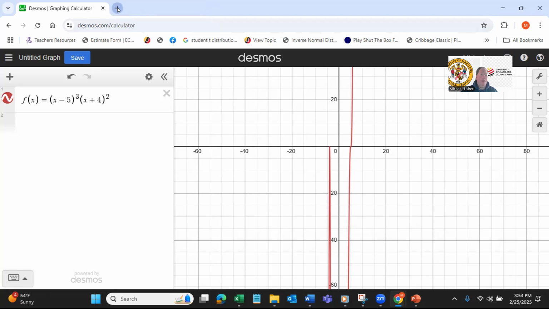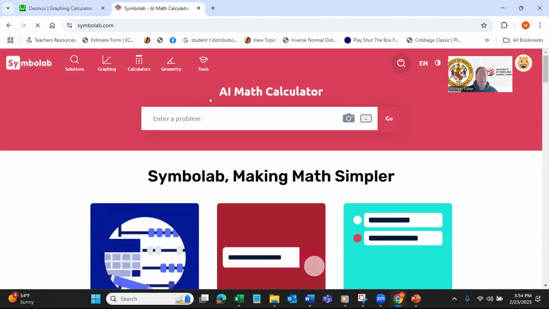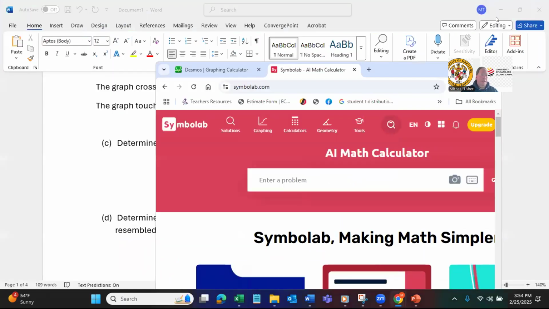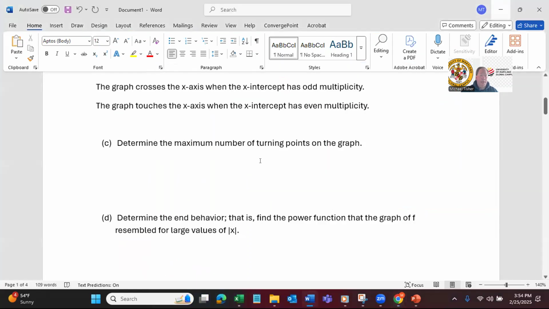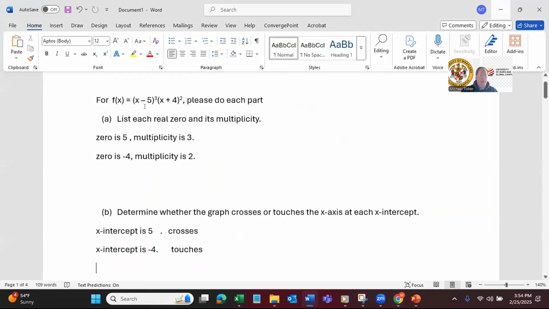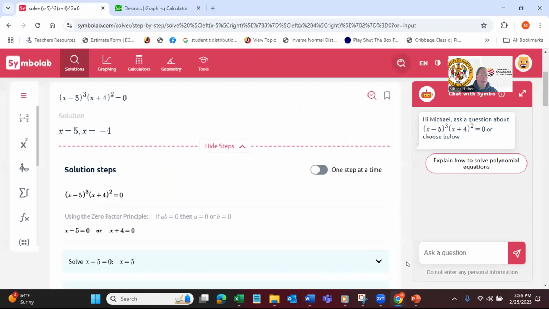So here's what we're going to do. We're going to go to Symbol Lab. And notice that the given function has parentheses in it. And so we want to multiply this out so we can get rid of the parentheses. That will take a long time to do by hand, so let's just use Symbol Lab to do that.